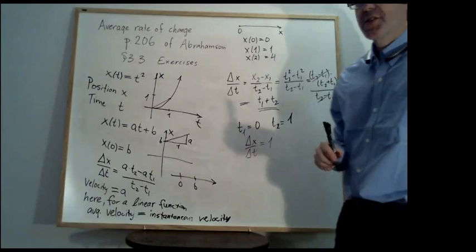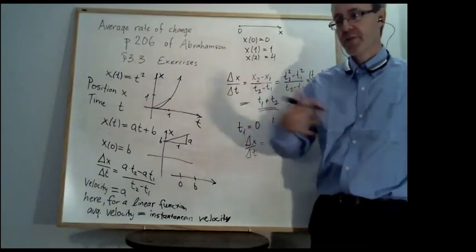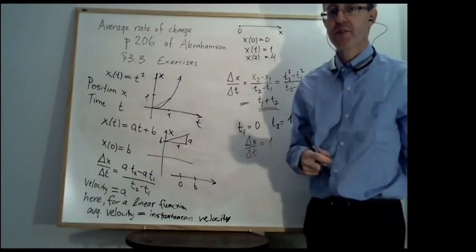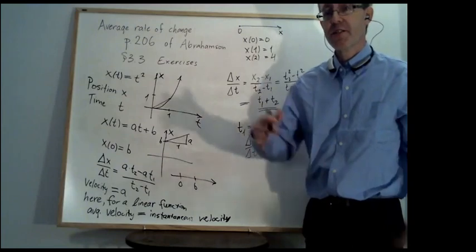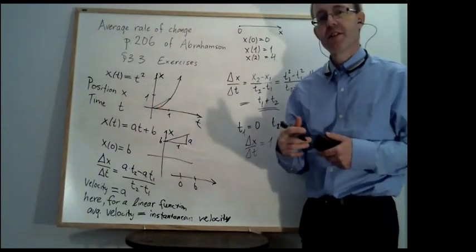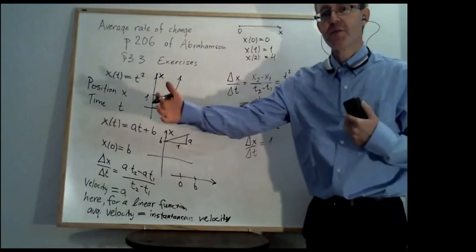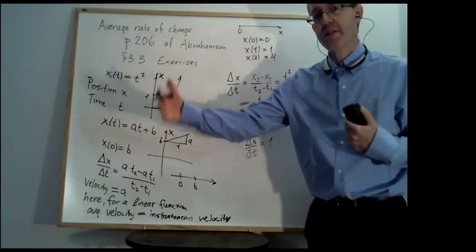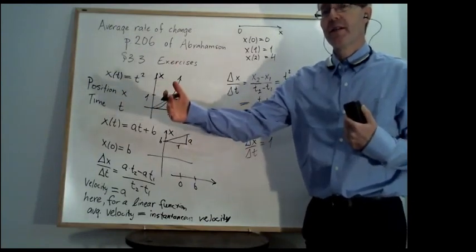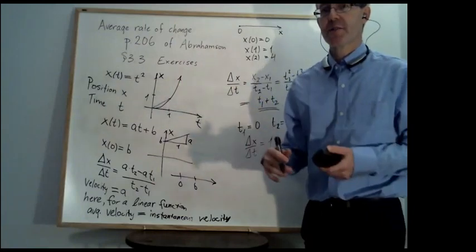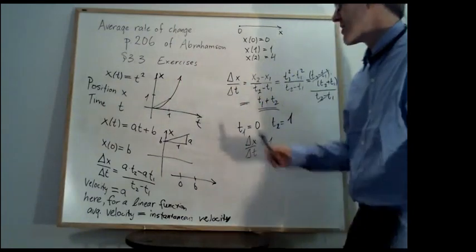It's what you do when you go from point A to point B in a car, for example. If you want to calculate your average speed, you take the total distance traveled from when you started to when you ended, and then you divide by the total time it took. That's what I'm doing here.